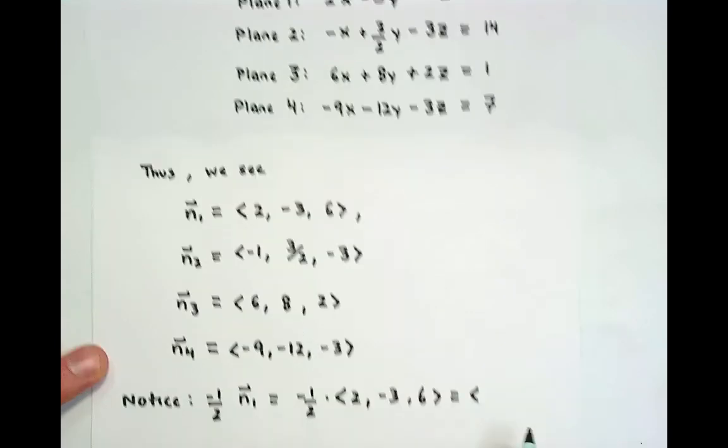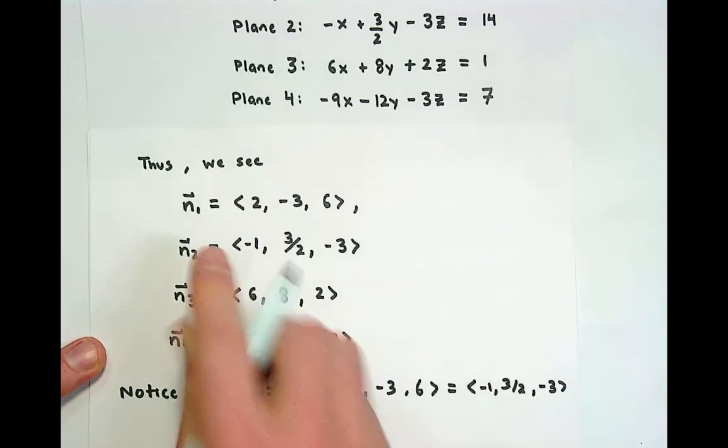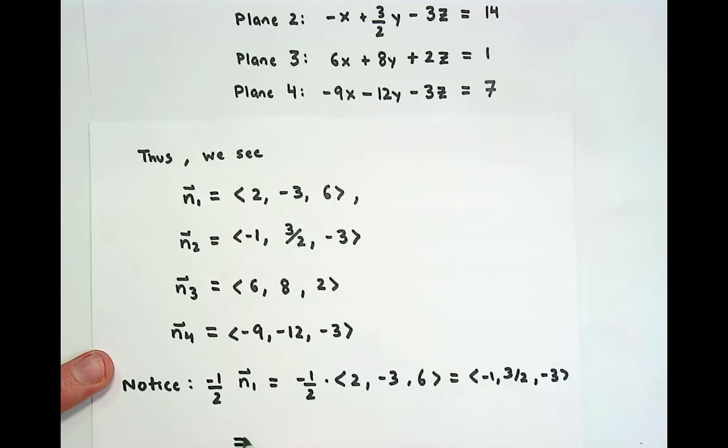And we notice that we would get the vector -1, +3/2, -3. And this is exactly n2, which says that -1/2 n1 actually gives n2.